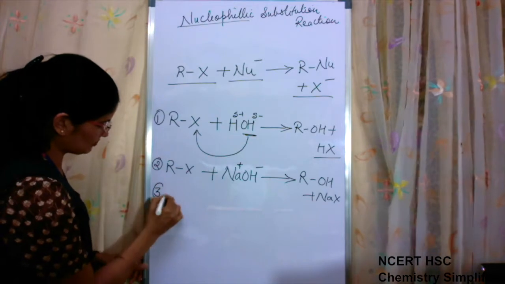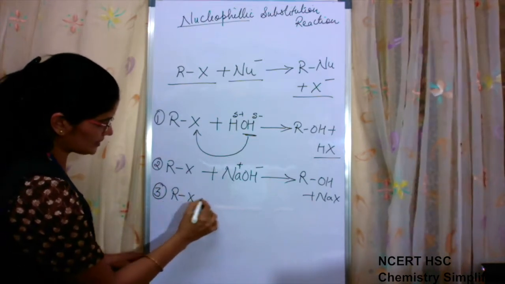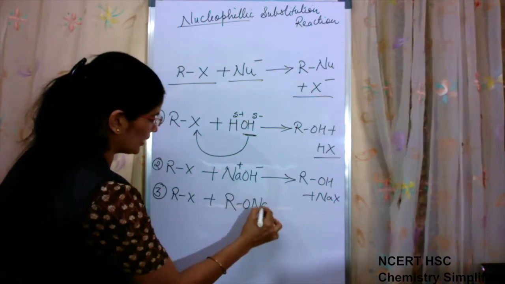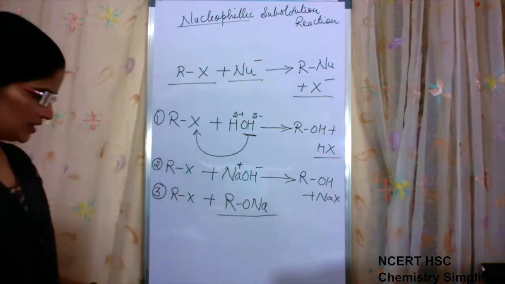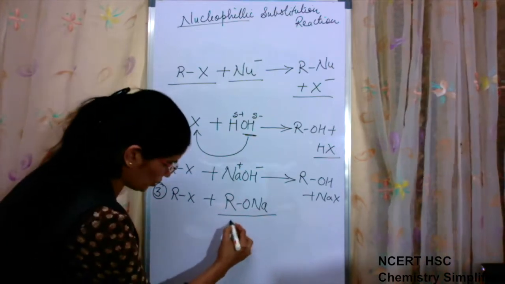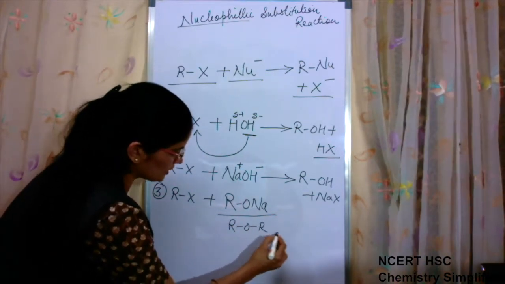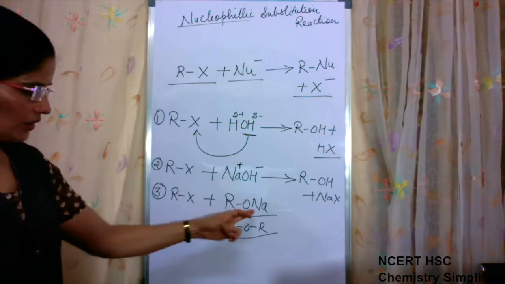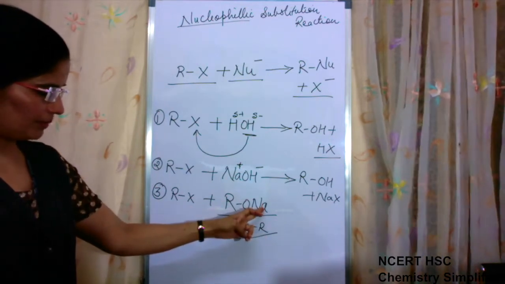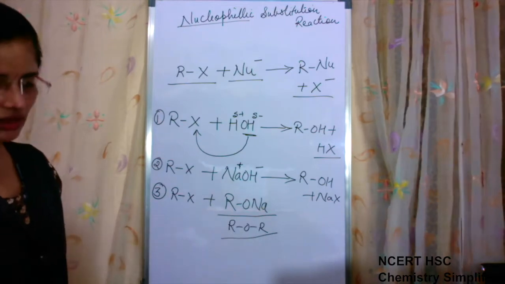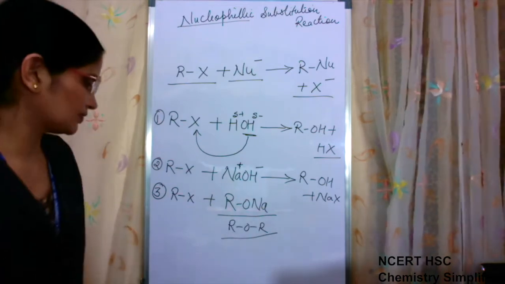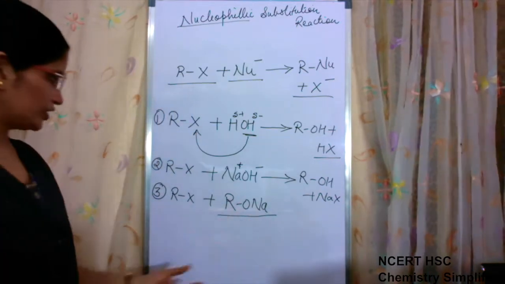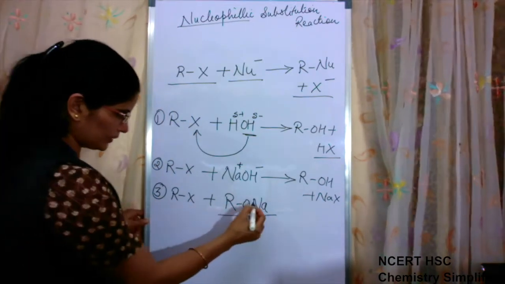Third reaction, alkyl halides can react with RONa. See, ROR is actually an ether. Now instead of R we are replacing it with one Na, so it is sodium alkoxide. So when RONa is used to react with RX, what will happen?